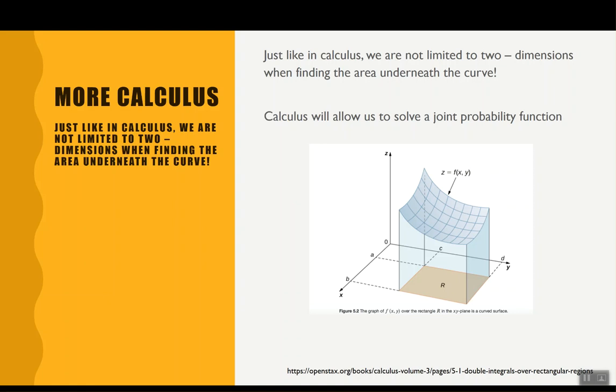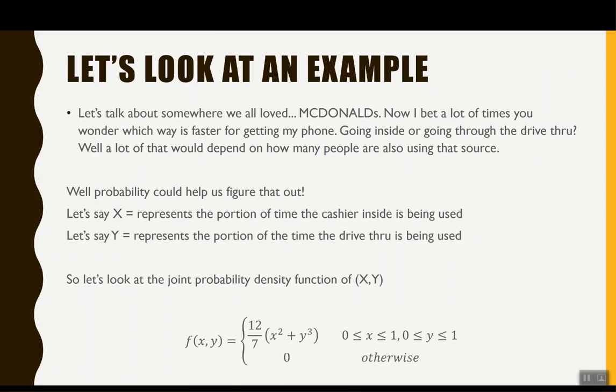So now let's look at an example of what a joint probability function would look like. So somewhere we all love to eat, McDonald's. Yes, great food. But maybe sometimes you wonder, would it be faster if I went and picked up my food, or if I went through the drive-thru?